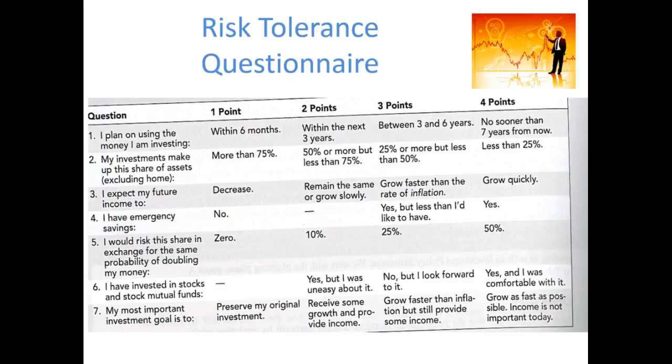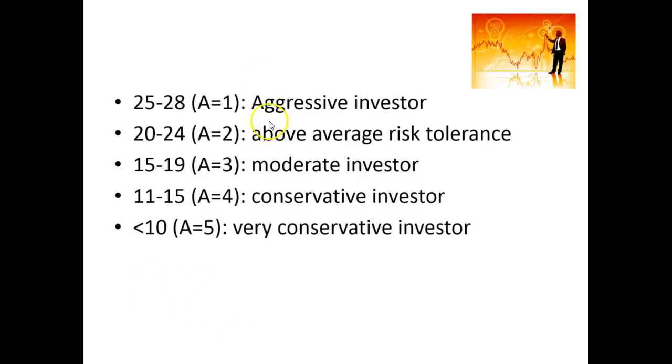Another common technique, which is also used by a lot of financial planners, is to use surveys to measure people's risk tolerance. We can see here an example of a survey, a range of questions that give a measure of an individual's appetite toward risk. Across each of them, you could add up how many points the individual scores, and different values of points might relate to differing degrees of risk aversion.